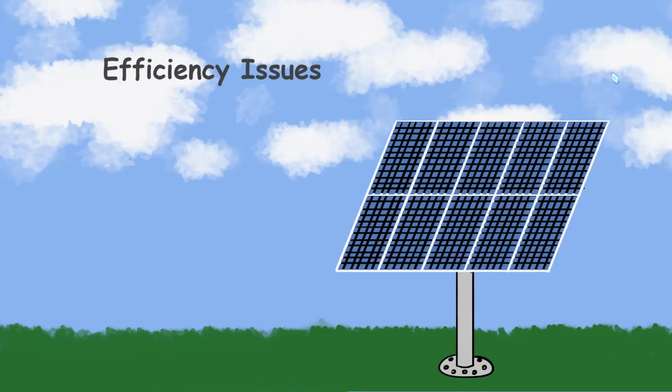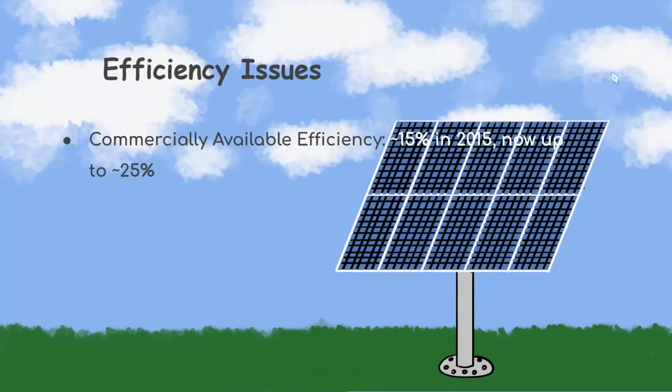The efficiency of commercially available solar panels was about 15% in 2015 and is now currently up to 25% for state-of-the-art models. The predicted current efficiency limit is 33%. This means that only about 33% of the amount of solar energy that is put into the solar panels actually becomes electrical energy.